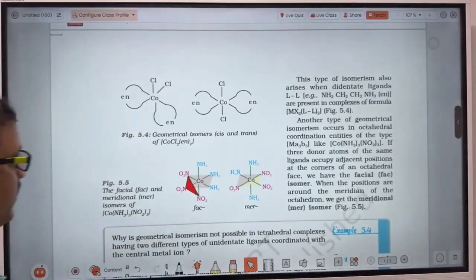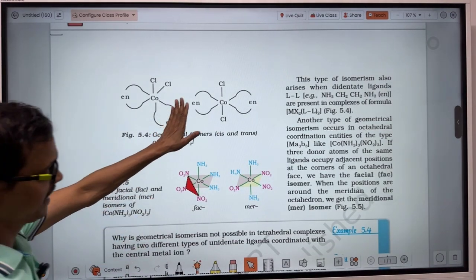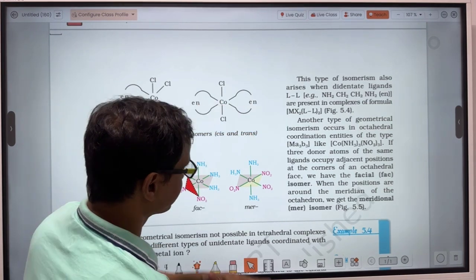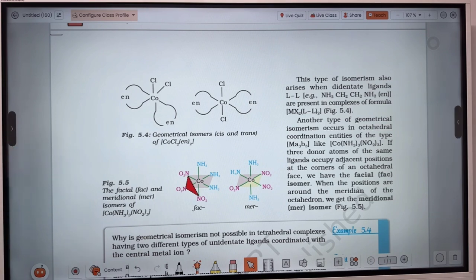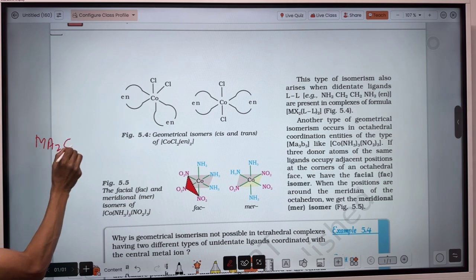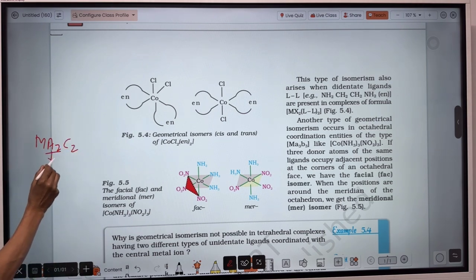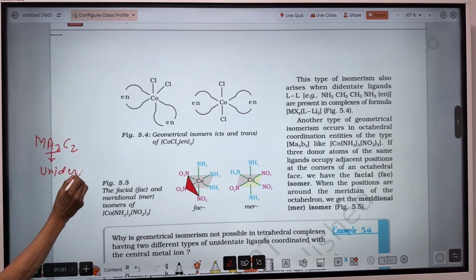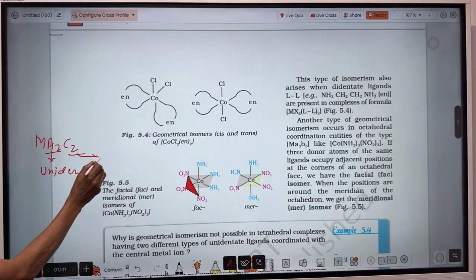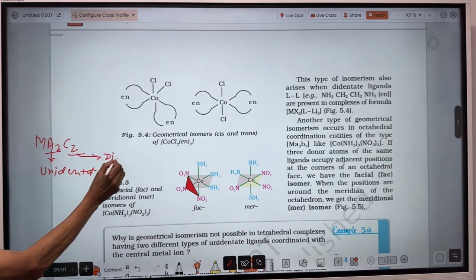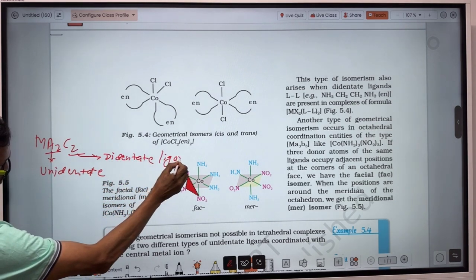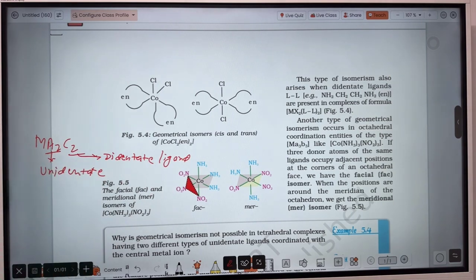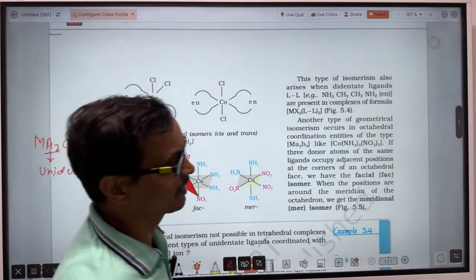Listen, in this case, ethane 1,2-diamine is a bidentate ligand. In the case of A2C2 type, A2 means the unidentate ligand, and C is the bidentate ligand. With a unidentate ligand and a bidentate ligand, you will have to consider the bidentate ligand.